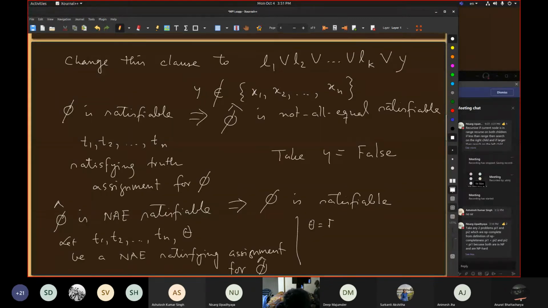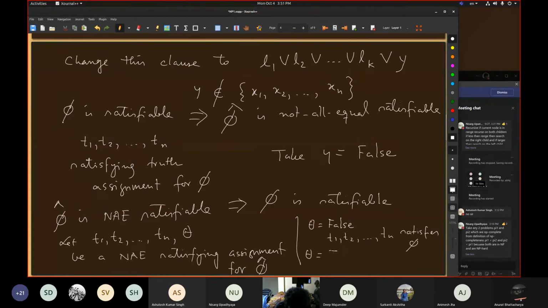Theta is false. This is false, and this is a not-all-equal satisfying assignment. So this means some of these remaining literals must be true. Right. So this implies that the same truth assignments T1, T2, up to Tn satisfy phi.